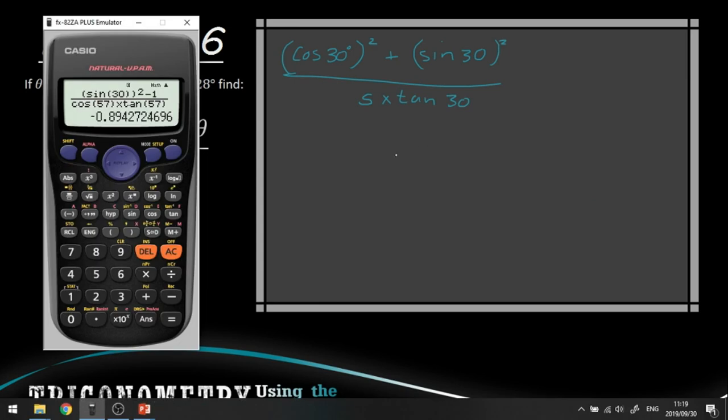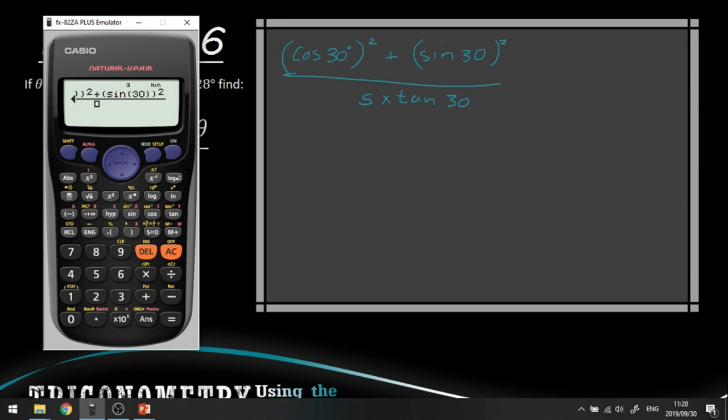So let's put that into the calculator. This gives us cos 30 squared. Oh, we first have to close that second bracket there, and then plus sine 30, close the first bracket, close the second bracket, and square it.